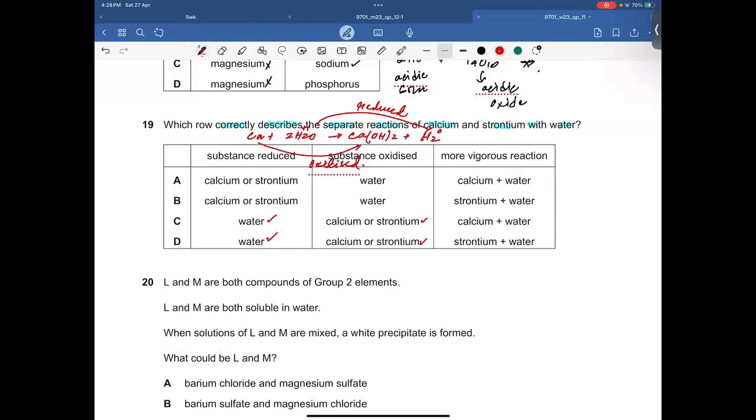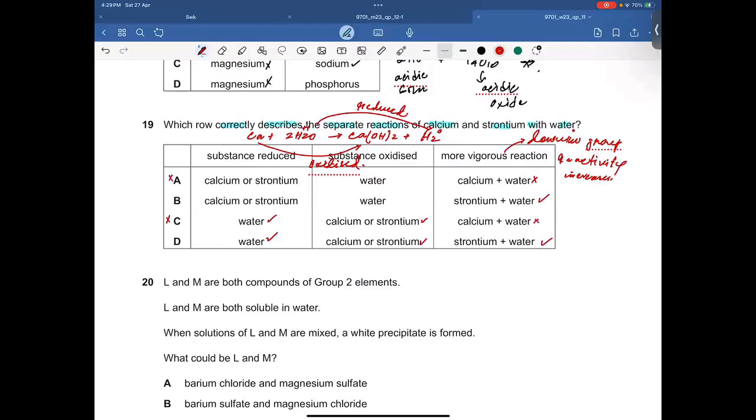More vigorous reaction. Down the group, reactivity increases, which means strontium is more reactive than calcium. So if strontium is more reactive than calcium, then it means strontium reacts more vigorously with water. So I believe this is incorrect, and so A and C are incorrect.